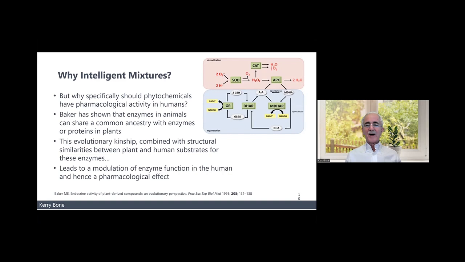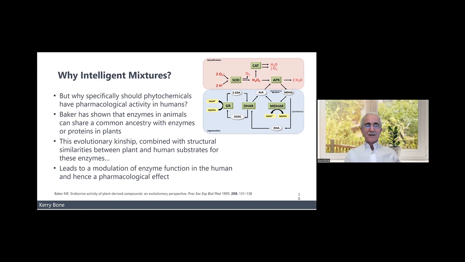So a plant might make, for example, glycyrrhizin, a licorice plant, and glycyrrhizin then interacts with some of the steroid hormone enzymes in the human body, because the enzymes in the human body related to steroid function resemble the enzymes that made the glycyrrhizin.